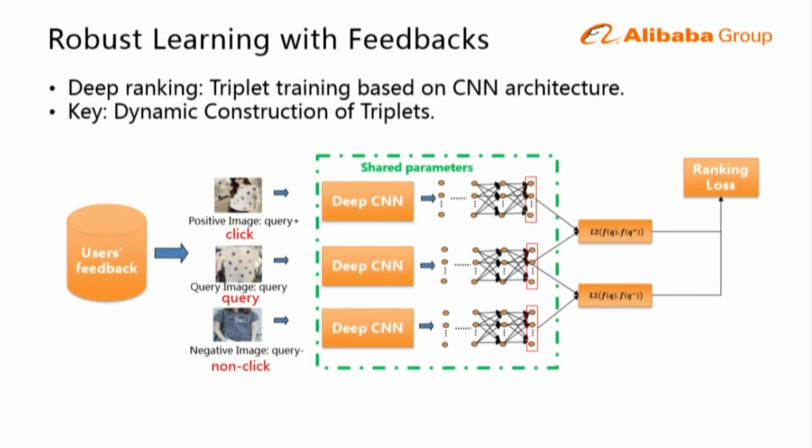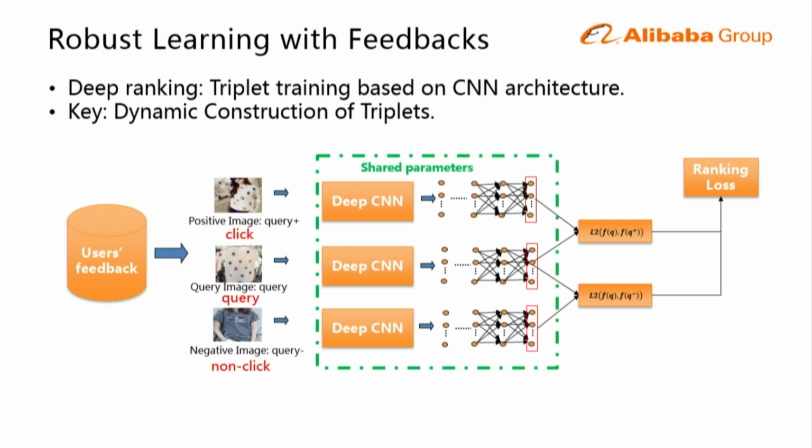For the first one, the question is how to train the network to get a very robust feature representation without additional annotation of the data, because we get the training data from the feedback of our customers.